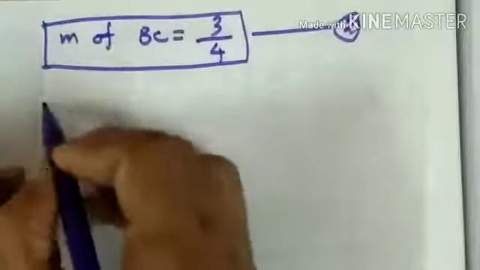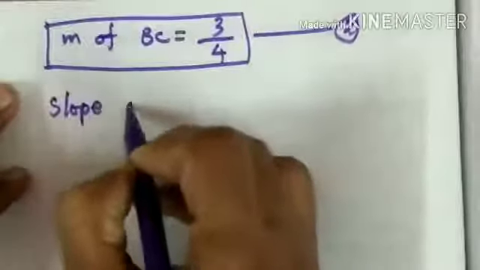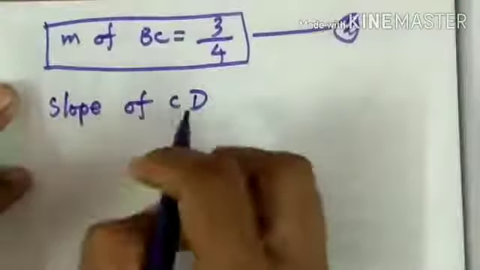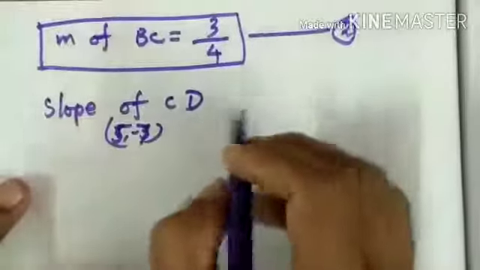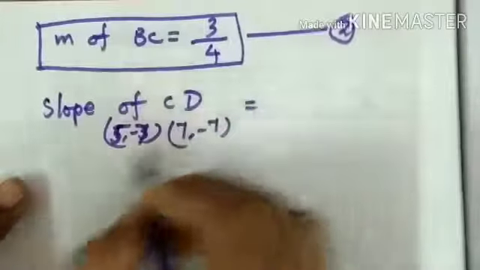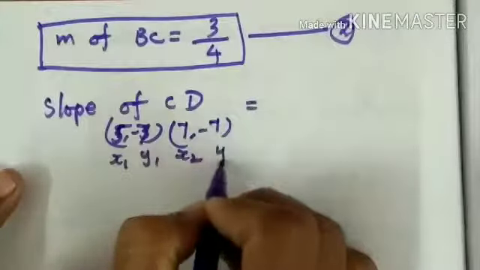Then next you have to find the slope of CD. Take down and write C point and D point. C point 5 comma minus 7 and D point 7 comma minus 7. Let us assume x1, y1, x2, y2.